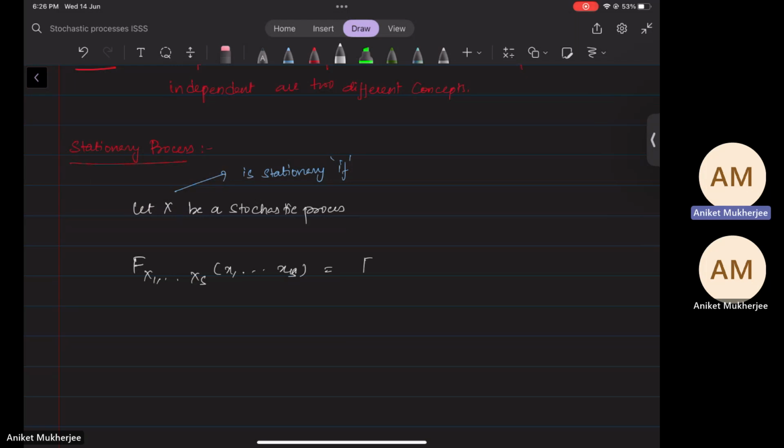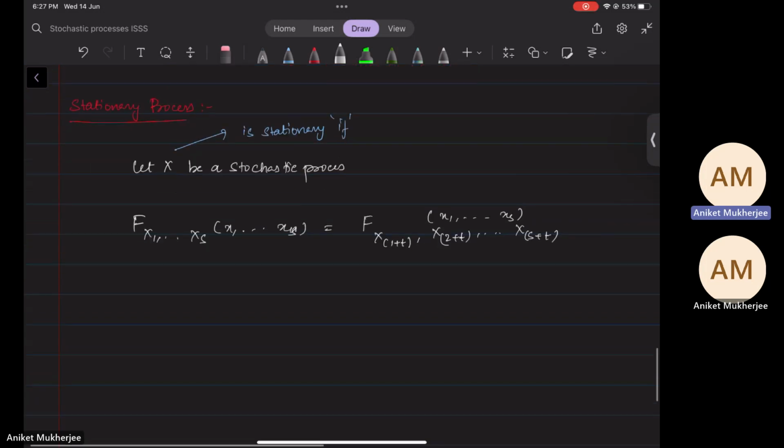So what does shift invariant mean? If I have X_{1+T}, X_{2+T}, up to X_{S+T}, and the shifted distributions are equal, then the process is shift invariant.